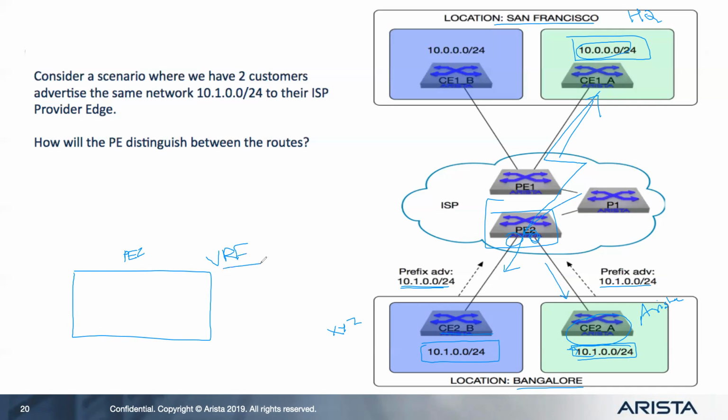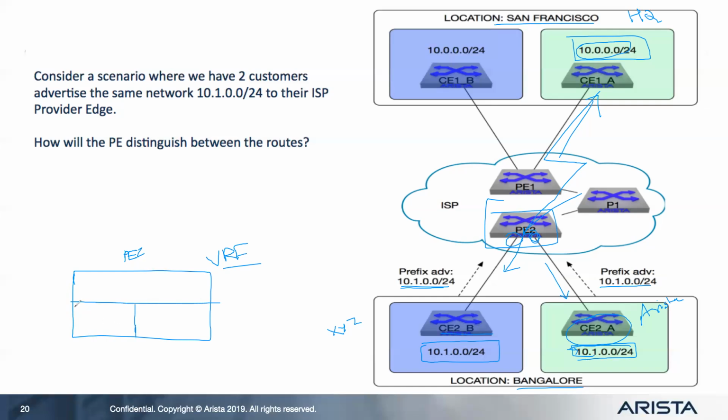It's a segregation of a routing table. Yes. So basically VRF is virtual route forwarding, which means you are dividing this router into multiple parts, as far as the routing table is concerned.